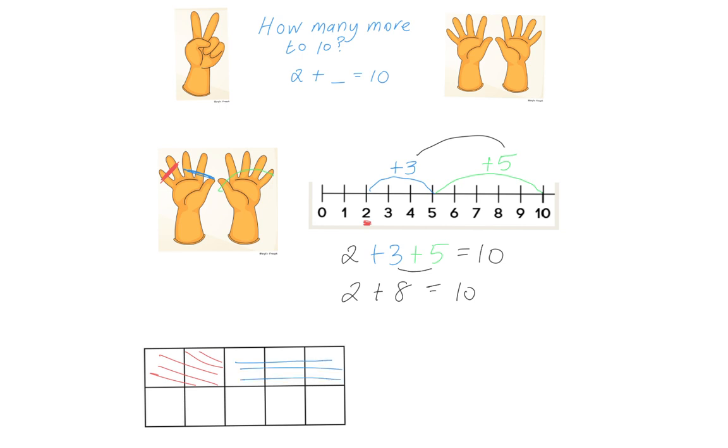That gets us to our 5. And then how much more have we got to add? We've got our 5 here. So again, we're back to our 2 plus 3 plus 5 equals 10, or our 2 plus 8 equals 10.